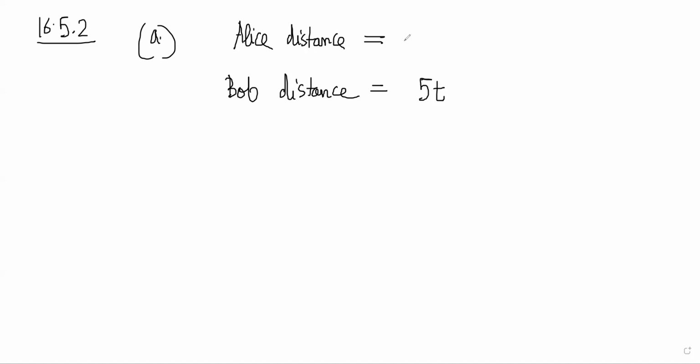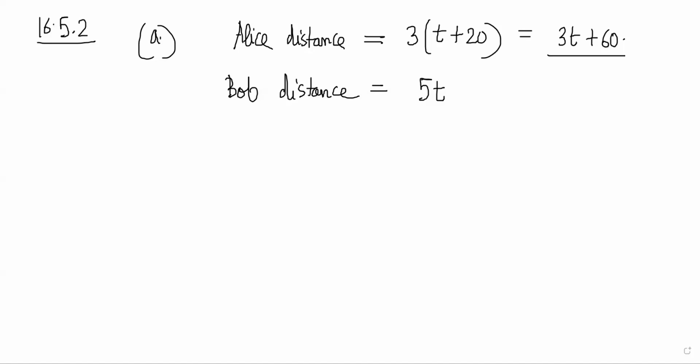And then I got Alice is 3T plus 60. Alice has been running for 20 more seconds. Yeah, so 3T plus 60. Okay, what is the next part B?